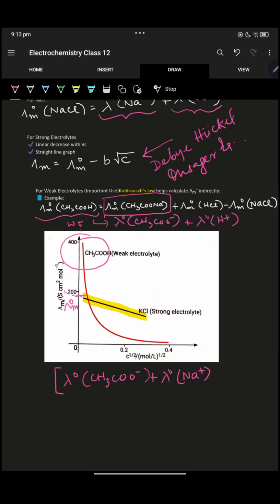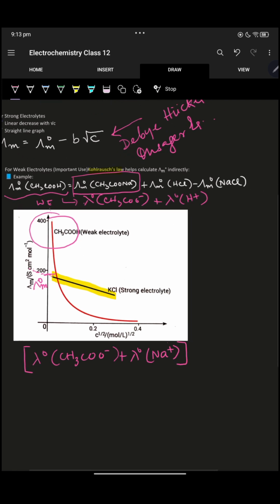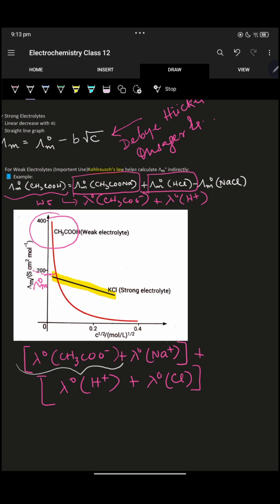And you have to get H plus, so again you use a strong electrolyte, HCl. From here you get lambda naught of H plus and lambda naught of Cl minus. So what you needed, you have actually got: you needed CH3COO minus, you needed H plus.